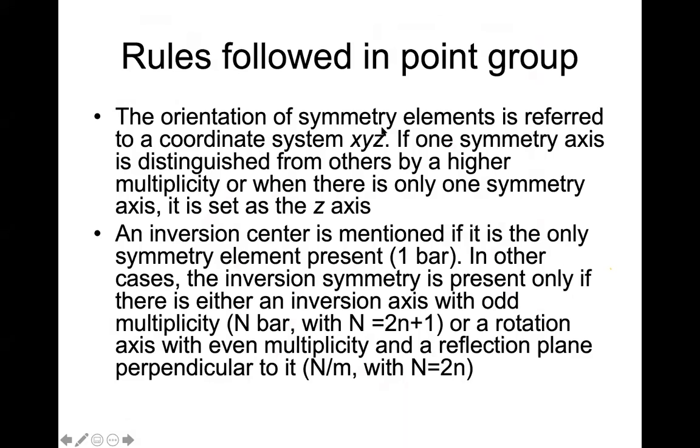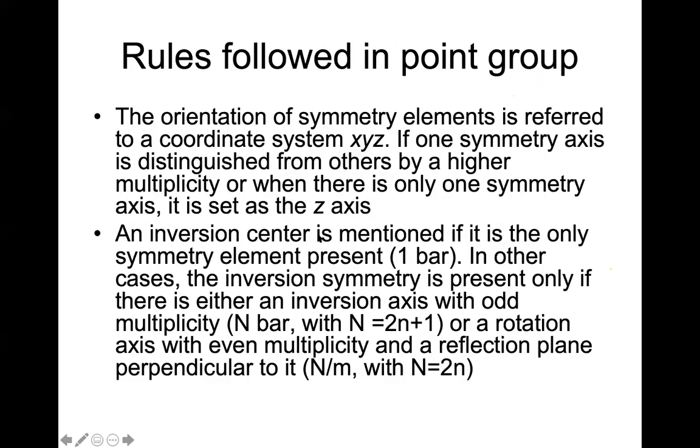And the rules followed in point group. The orientation of symmetry elements is referred to a coordinate system XYZ. If one symmetry axis is distinguished from others by higher multiplicity, or when there is only one symmetry axis, it is set as the Z axis. So it's very important.